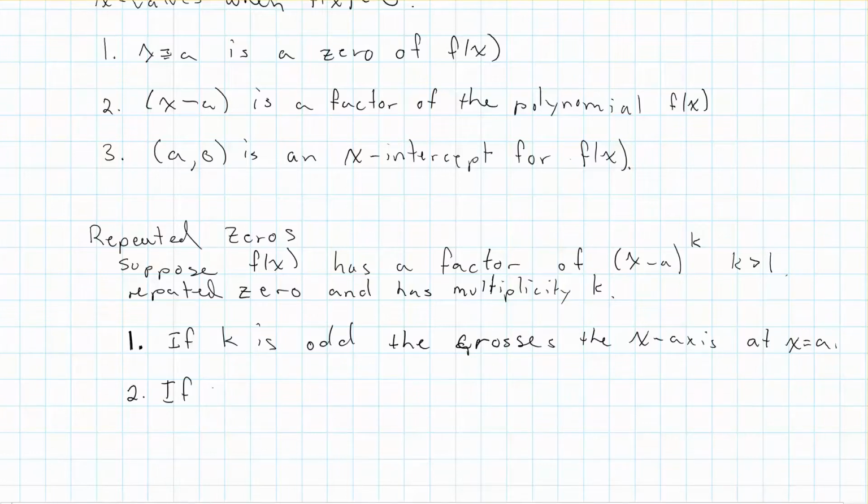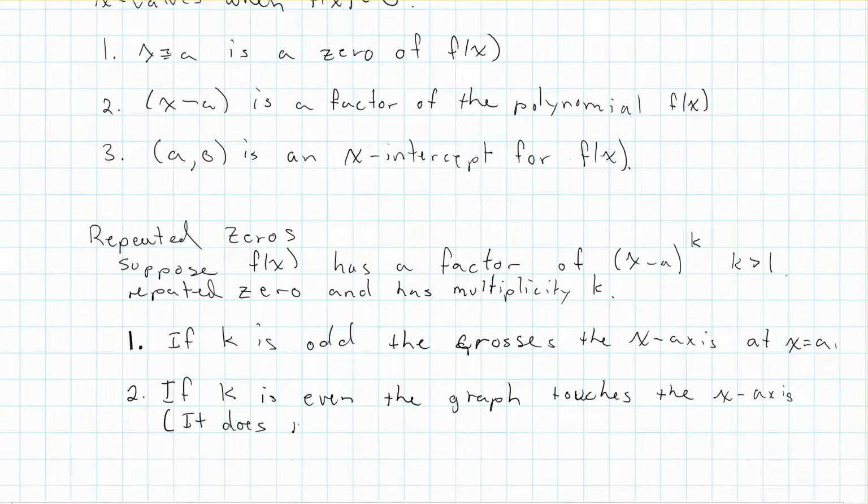If k is even, the graph touches the x-axis. It does not cross. Sometimes I like to think of it as that it bounces off the x-axis.